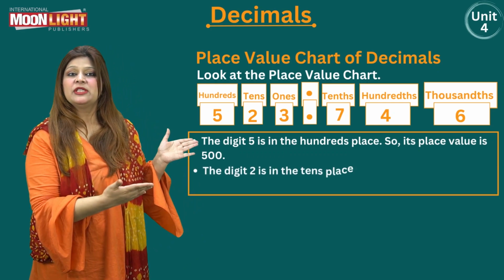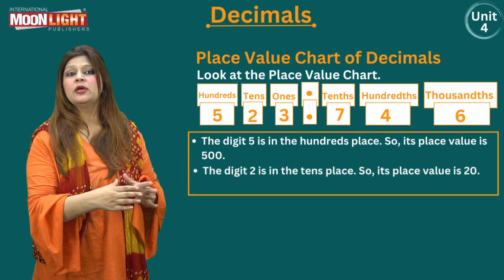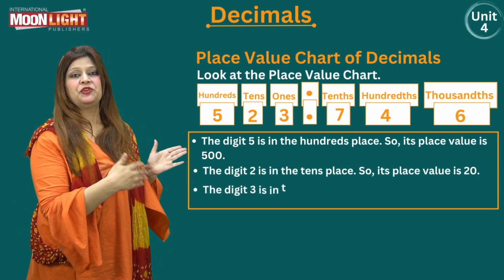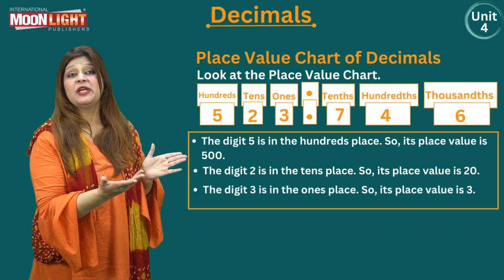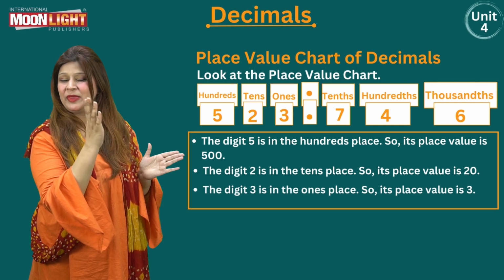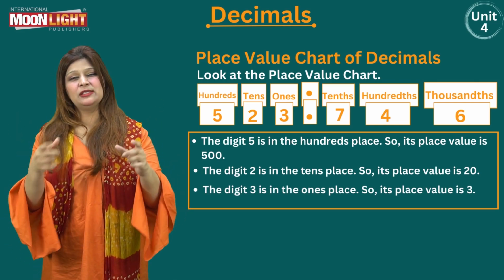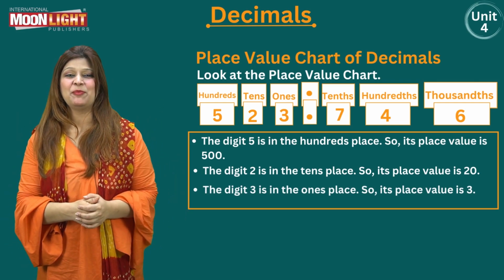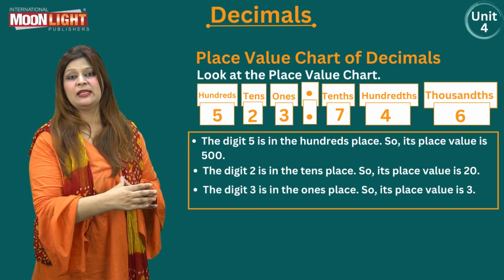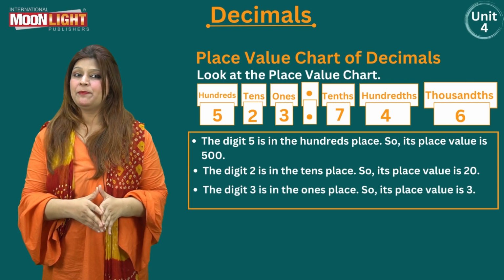The digit 2 is in the tens place, so its place value is 20. The digit 3 is in the ones place, so its place value is the same, because 1 does not need any 0 at the end. Only the number itself. So the place value is 3.